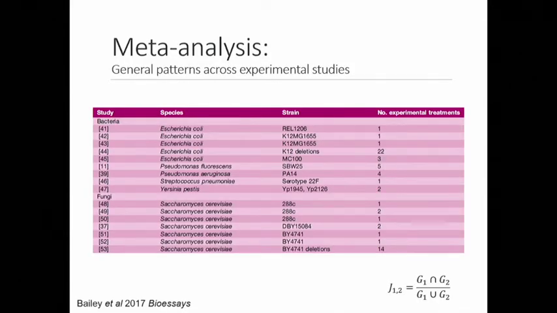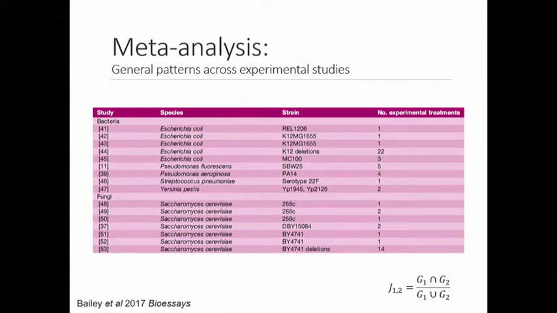So I'm going to tell you now about a meta-analysis that we did to try and look across different experiments and get an idea of what general patterns we might see in terms of what might be driving repeatability in those experiments. I'm putting up here the list of the studies that we used.